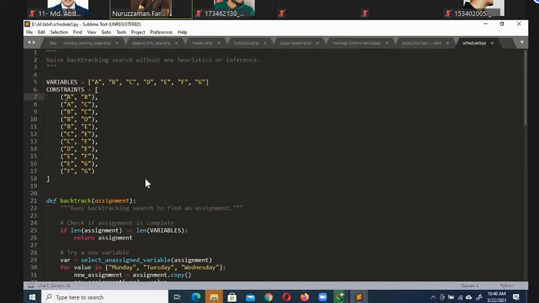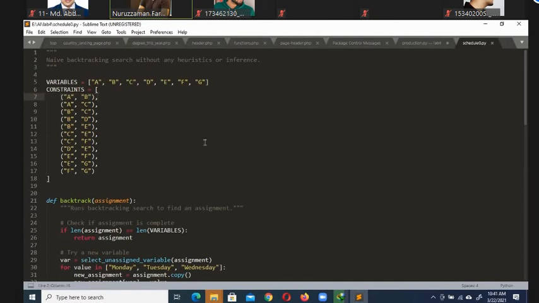You understand it is a programming language, so there is no way for me to draw the edges here. We have to write everything in text. So in this case, constraints have been expressed in this way. A, B means that A and B cannot be on the same day. A and B cannot have an exam on the same day at the same time. So that's how this relation has been represented.